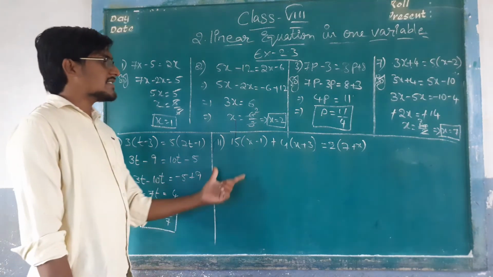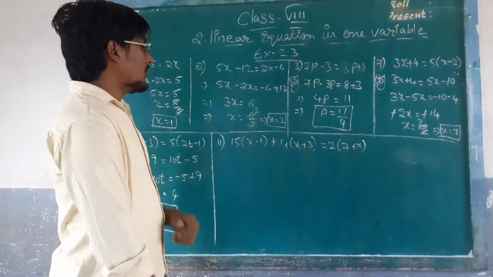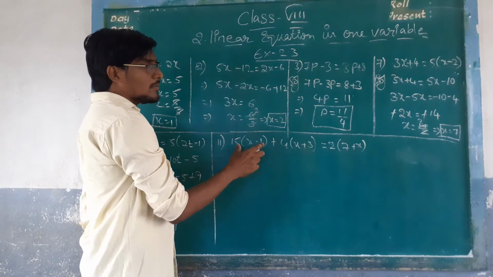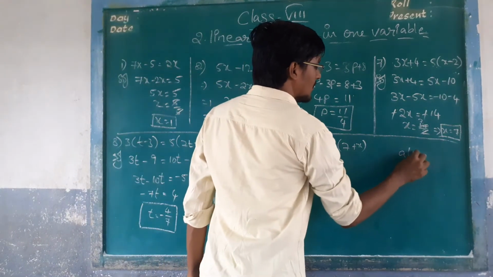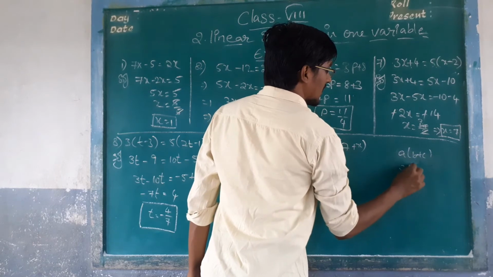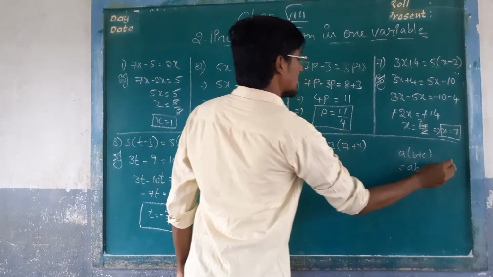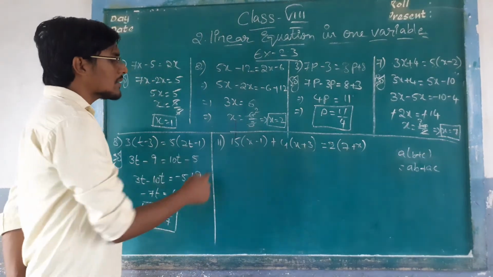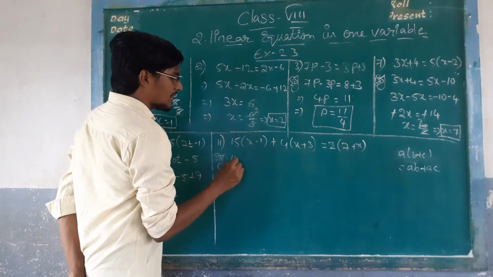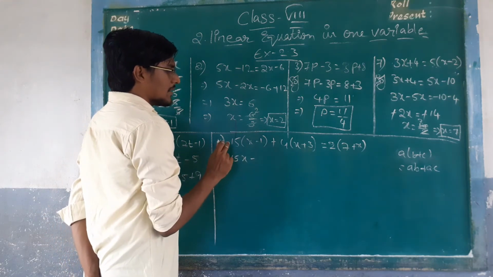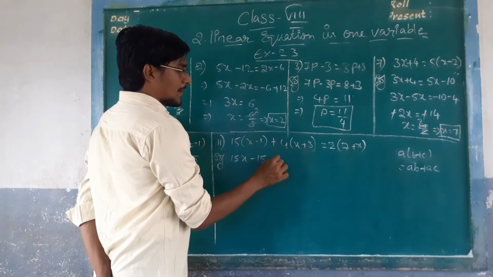Okay, so what is the 11th sum given here? 15 into (x minus 1) plus 4 into (x plus 3) equals 2 into (7 plus x). What is the formula we have? We know the a into (b plus c) formula, ab plus ac. So we have to multiply 15 into x, 15x, minus into plus, 15 into 1, 15.